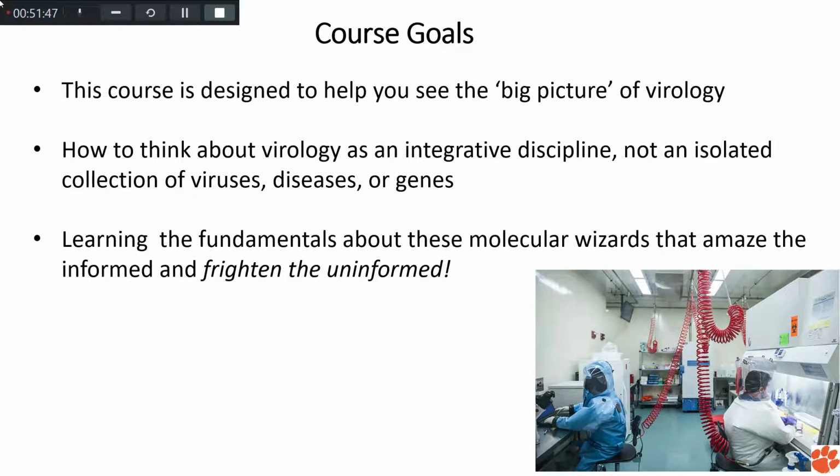All right, so this is the overall course goal, designed to help you with the big picture of virology and how to think about virology as an integrative discipline, not an isolated collection of viruses, diseases, or genes. The classical virology courses, like 20, 30 years back, were taught so that you just parade a virus every day.